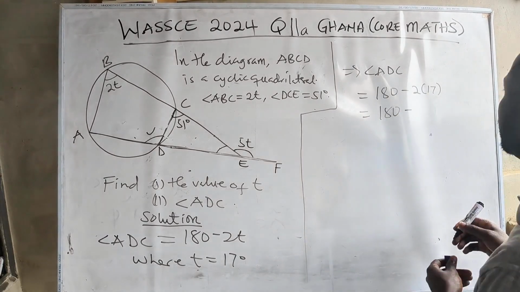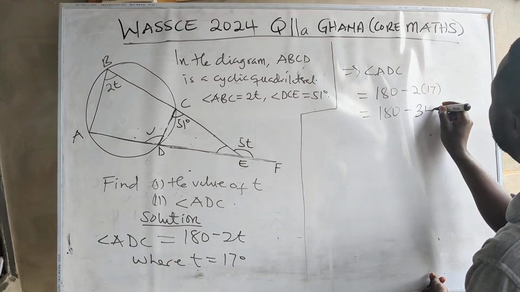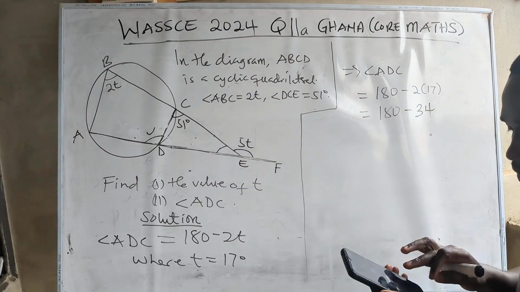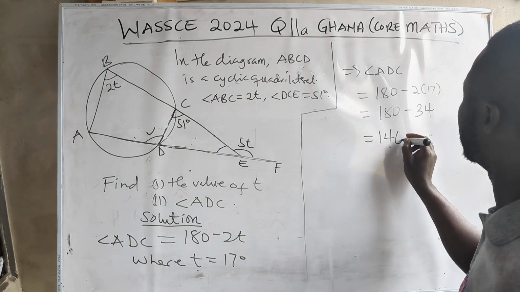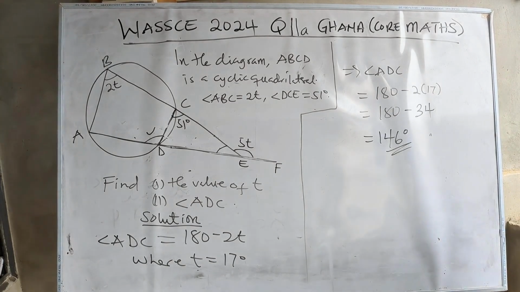And what is 2 times 17? 2 times 17 is 34. So we check 180 minus 34, and that will give us 146. So our angle ADC is 146 degrees.